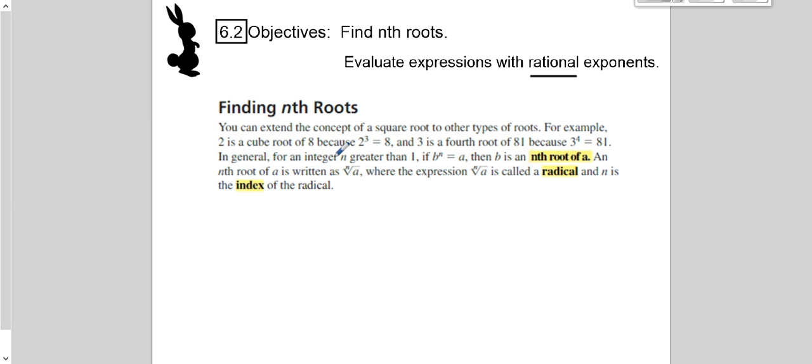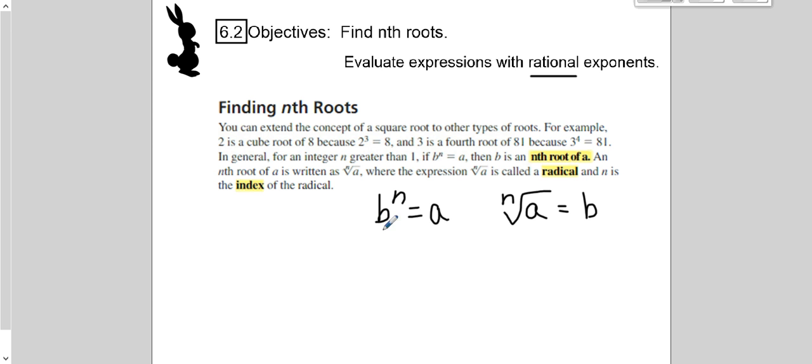In general, for an integer n greater than 1, if b to the n equals a, then b is an nth root of a.